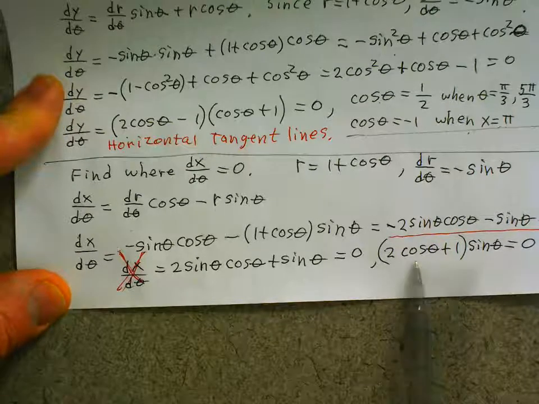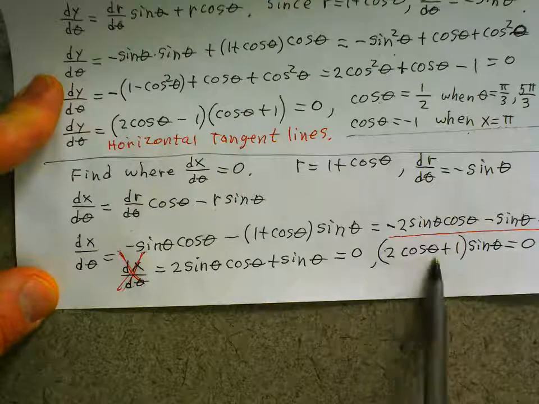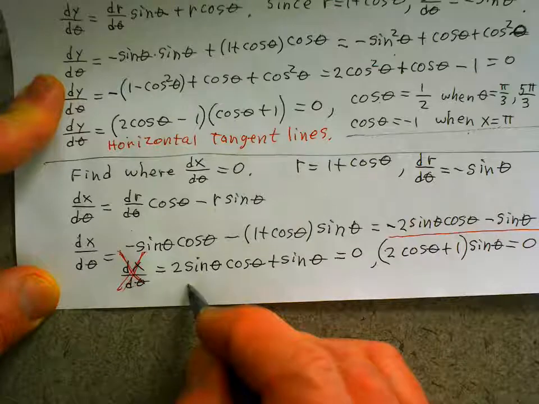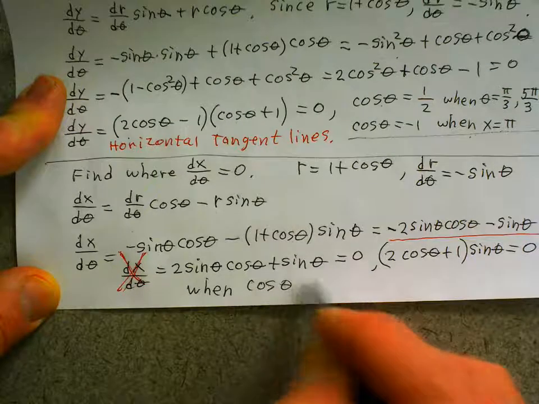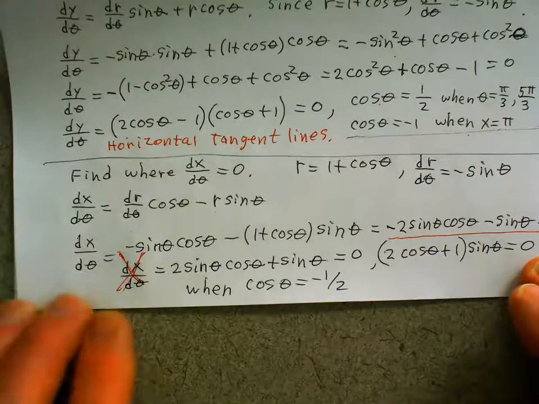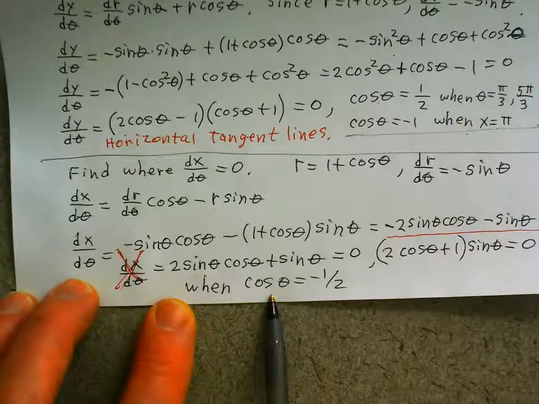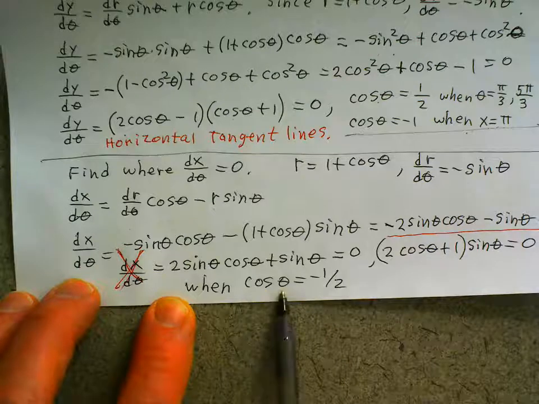And now we can determine what theta is. 2 cosine of theta plus 1 is equal to 0 when cosine of theta is equal to -1/2. So for which theta values is cosine of theta equal to -1/2?